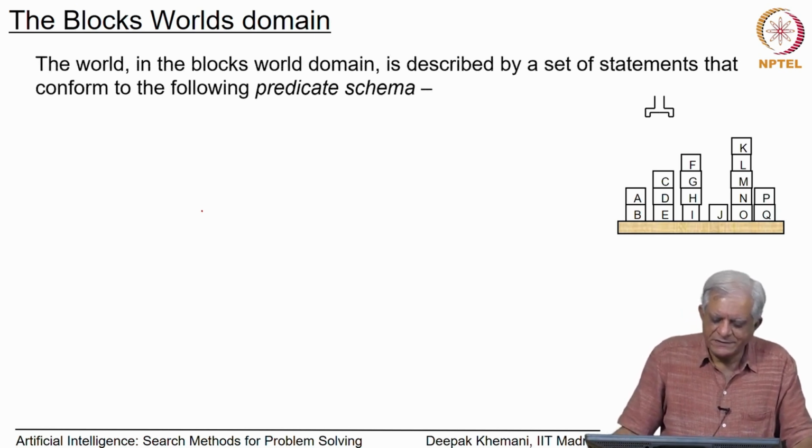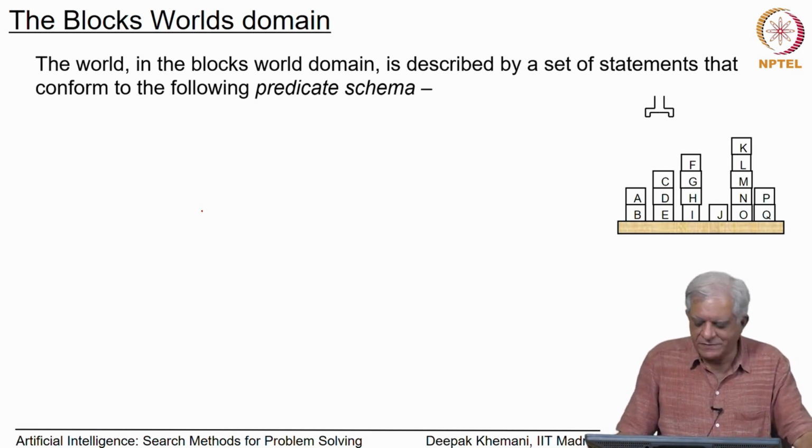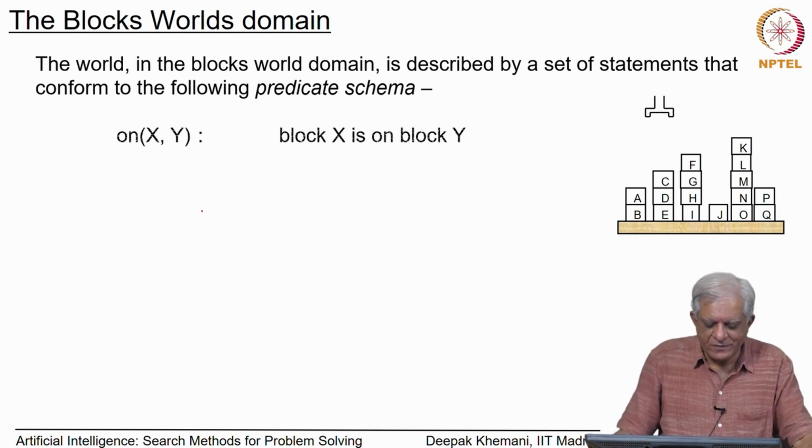So, the world is described by a set of statements that conform to a language, or a set of predicates that we have chosen to describe the world, and the predicates are as follows. It says that a predicate on x y. So, on x y would be true if block x were to be on block y.